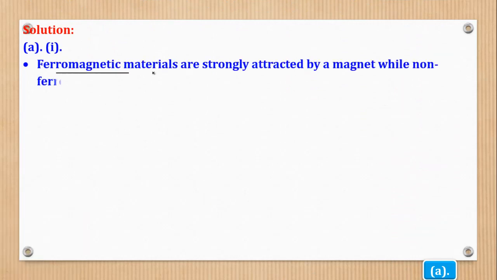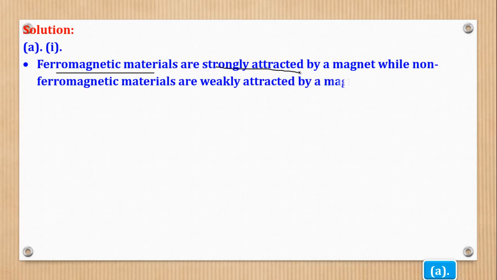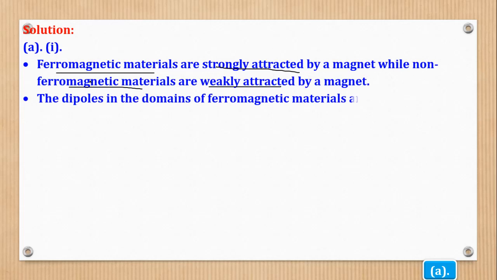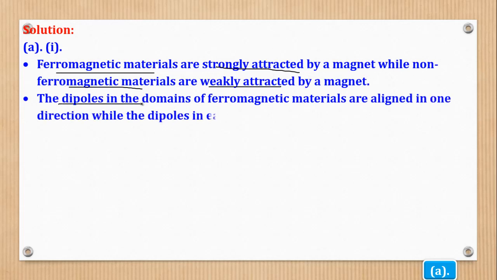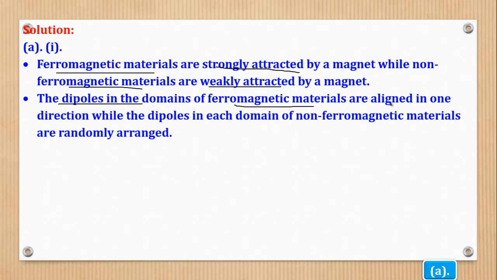So ferromagnetic materials are strongly attracted by a magnet, while non-ferromagnetic materials are weakly attracted by a magnet. That is one difference. Another one could say the dipoles in the domains of the ferromagnetic materials are aligned in one direction, while those in each domain of a non-ferromagnetic material are randomly aligned.